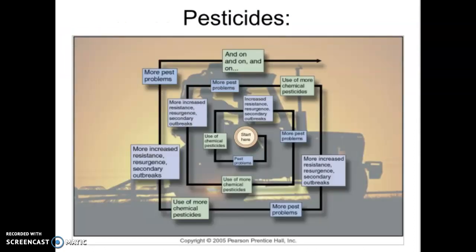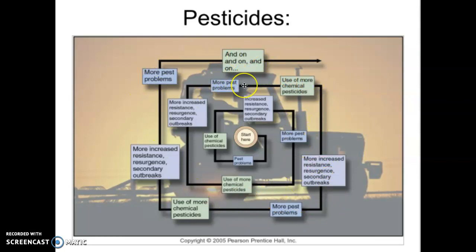I added here more examples if you would like to go through. So for example, pesticides. You use chemicals for pesticides. They increase resistance. You add more pesticides, you increase resistance. You have more pest problems. You use more chemicals. It increases resistance.